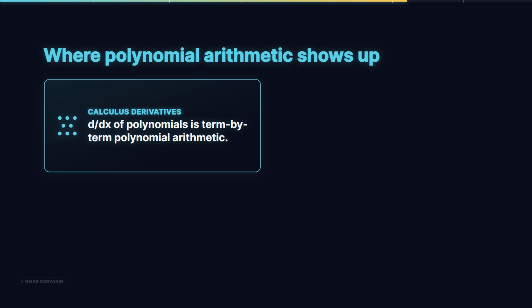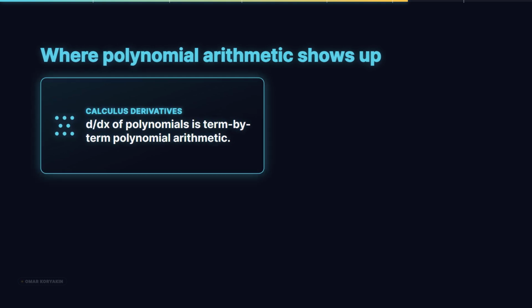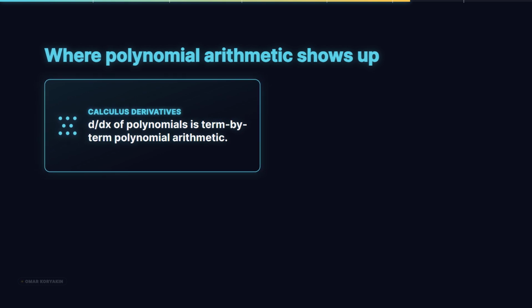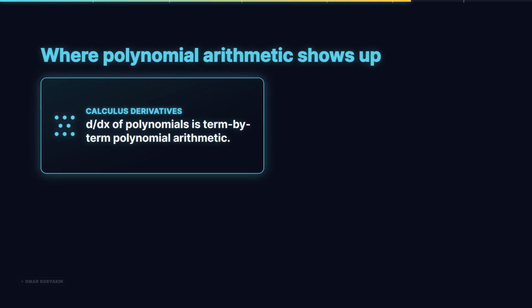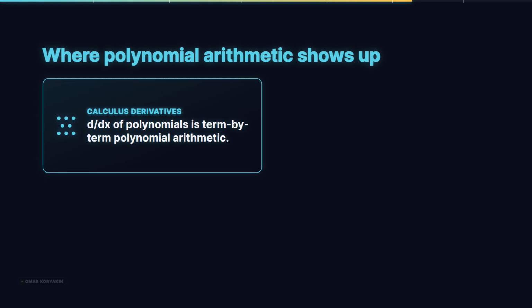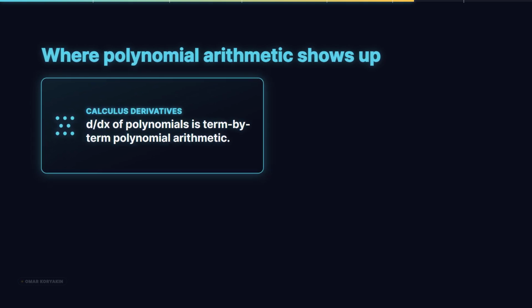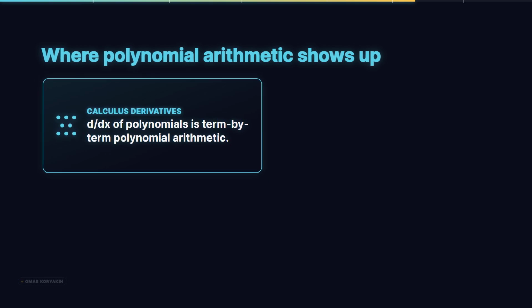The derivative of x to the n is n times x to the n minus 1. The total polynomial derivative is the sum of all the term derivatives, exactly the polynomial addition mechanic from today. The integral of a polynomial works similarly, term by term, with addition combining the integrals at the end. Polynomial calculus is therefore polynomial arithmetic in disguise.